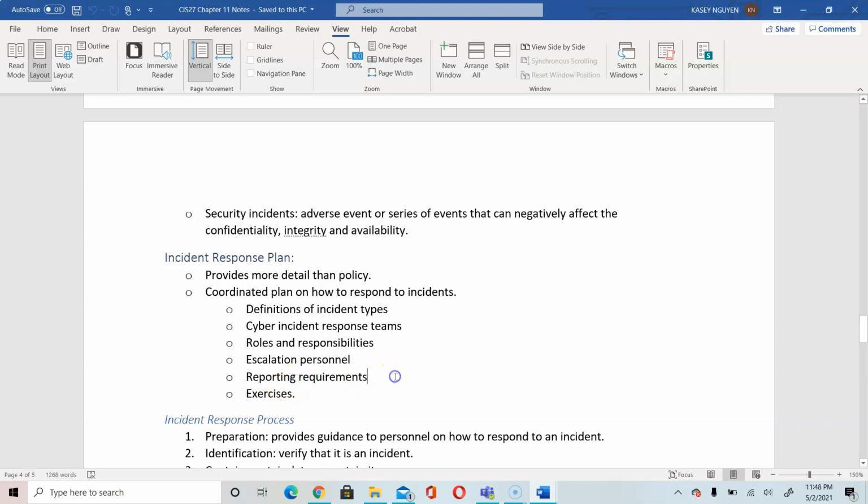If it relates to company reputation, we need to notify customers and so on, depending on the type of incident that occurs and the type of company we're dealing with. Then the plan would include exercises and practices before an incident happens, so that we can prepare for potential incidents.